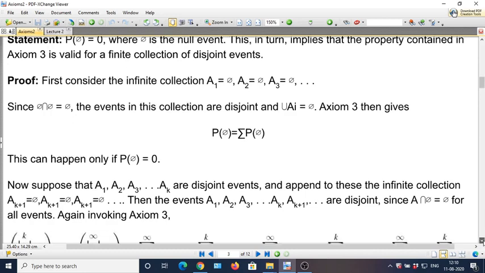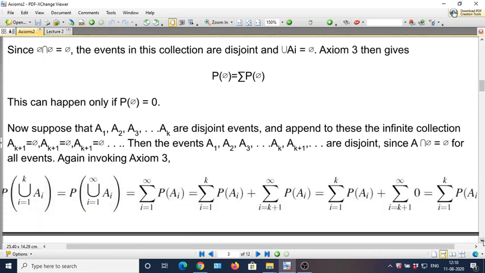Then we can also arrive at one more result: to a finite collection of disjoint events, if you want to find the probability measure of their union, we can append any number of, or even an infinite collection of, null sets without affecting the total probability measure.